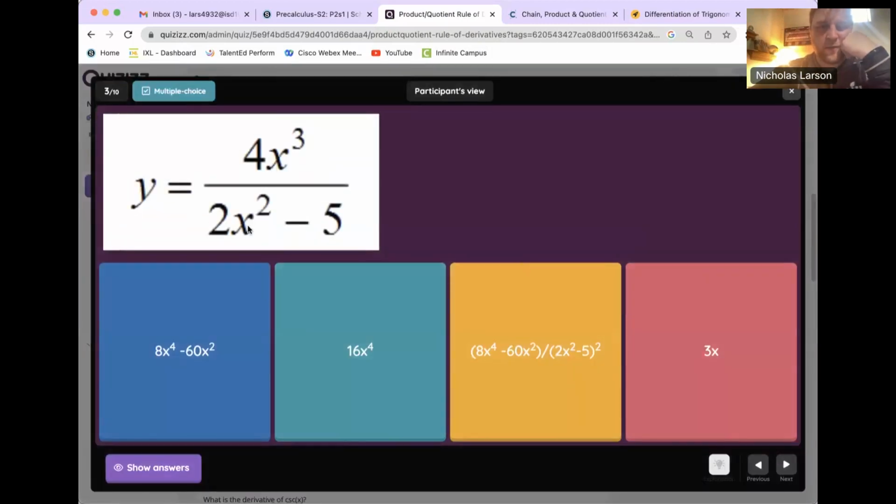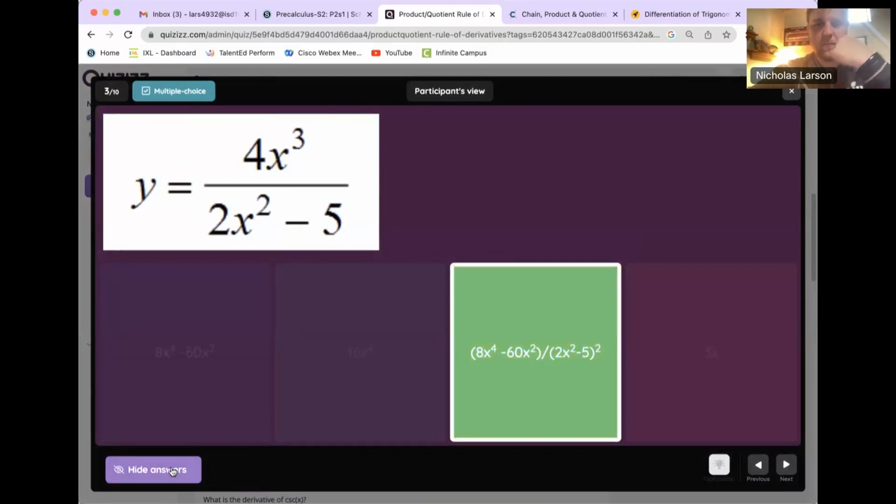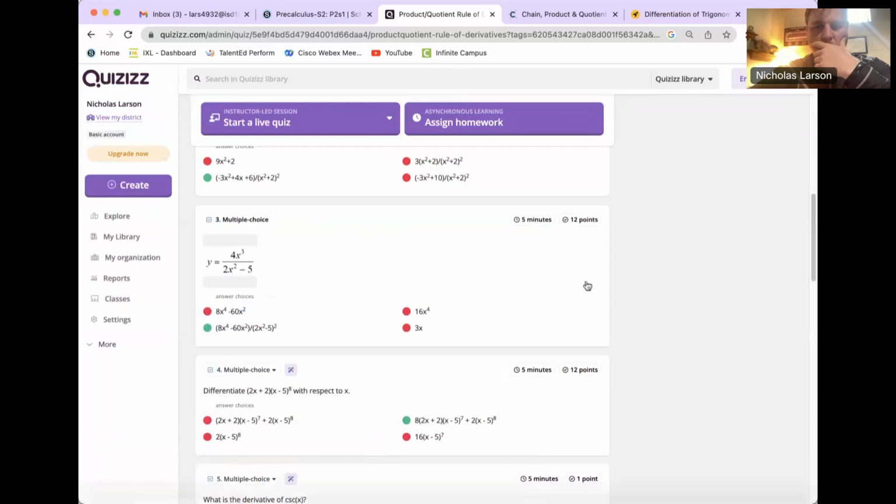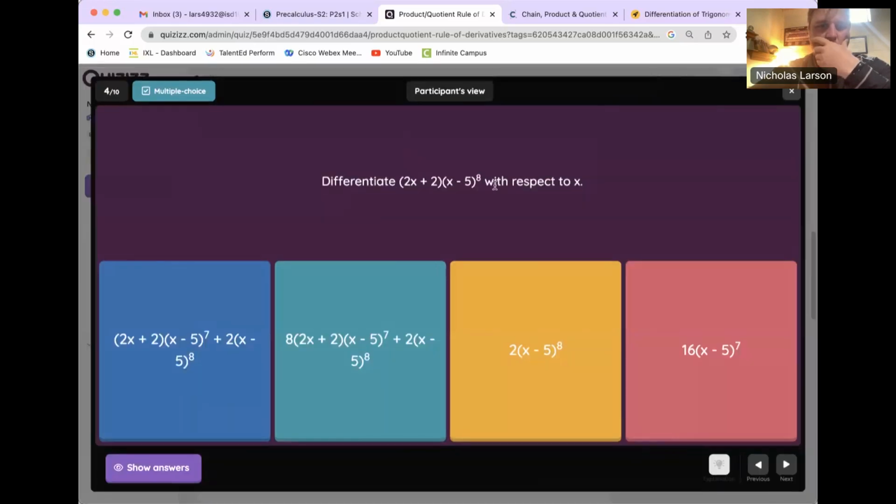Low times derivative of the high minus high times derivative of the low, and over the square of low we go. Product rule, first times derivative of the second plus second times derivative of the first.